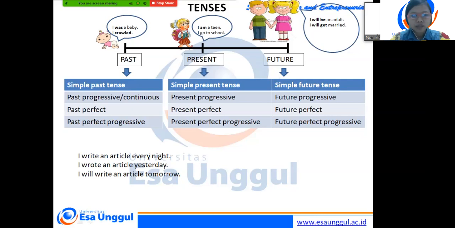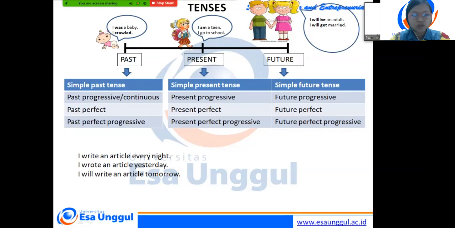If we see the verb, the subject I, the verb write in present tense, and then the subject I, and then the verb wrote in past tense, and the subject I, and then the verb write with be will.